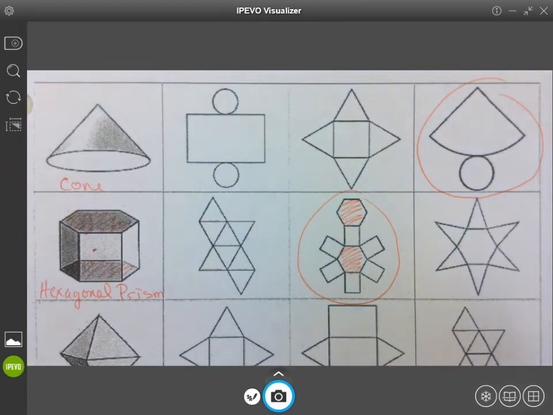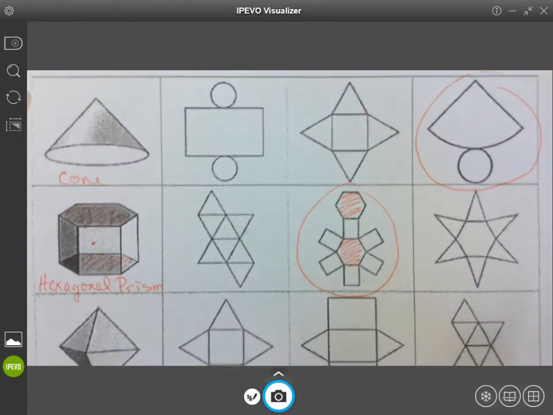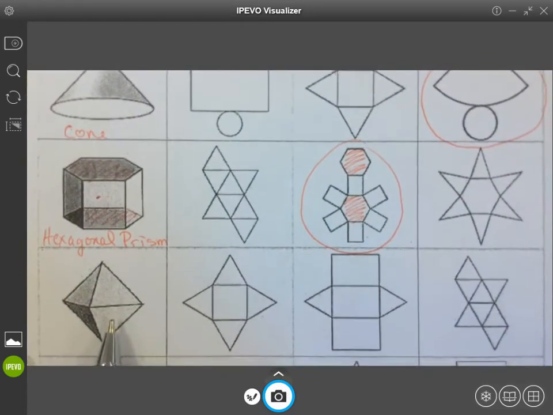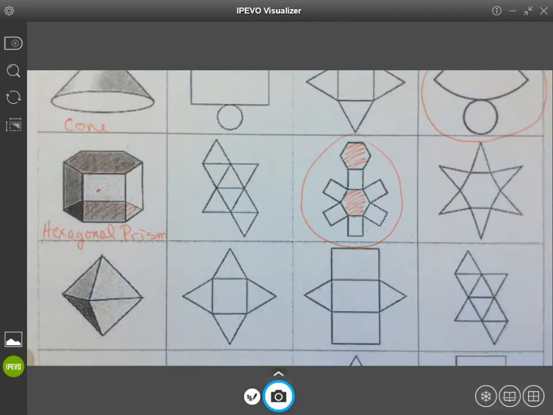Okay, we didn't see this one. And honestly, I'm not sure if I have the name of it, but it's made up of 2 triangular pyramids. Now, it's hard to see that this is a triangular pyramid. It could look like a square, but we don't have that other side.